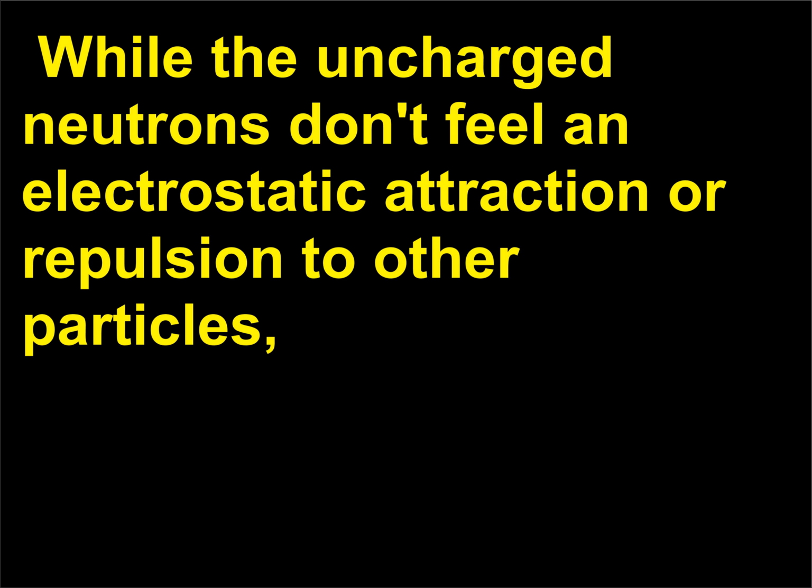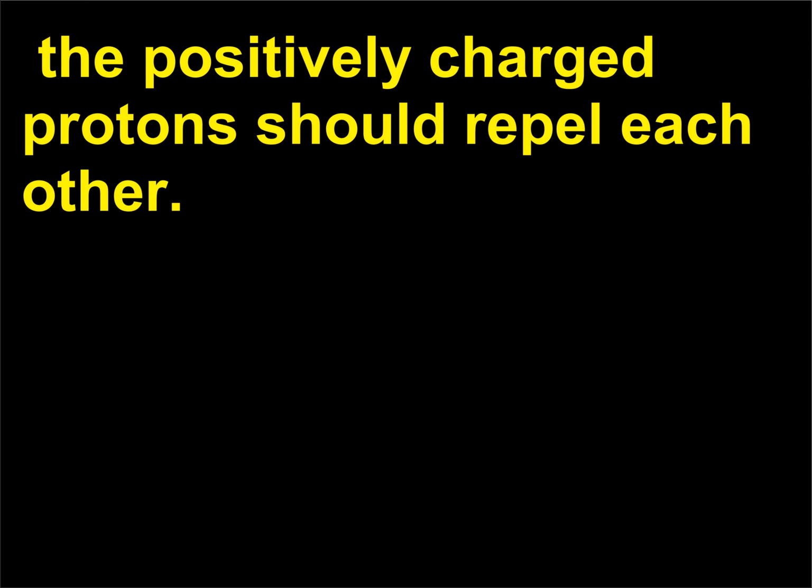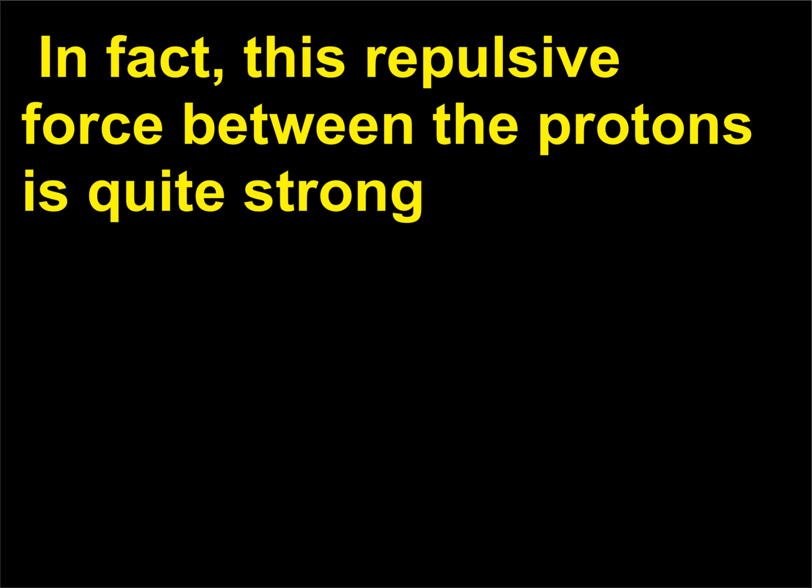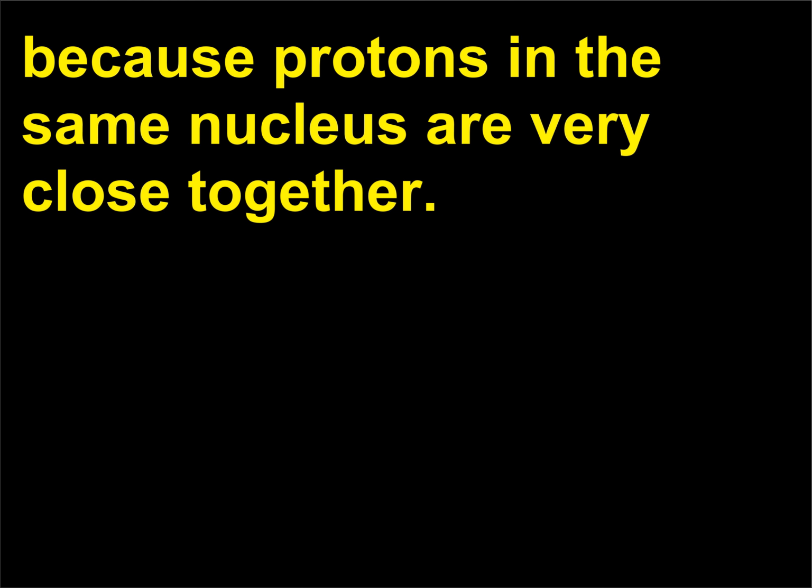While the uncharged neutrons don't feel an electrostatic attraction or repulsion to other particles, the positively charged protons should repel each other. In fact, this repulsive force between the protons is quite strong, because protons in the same nucleus are very close together.